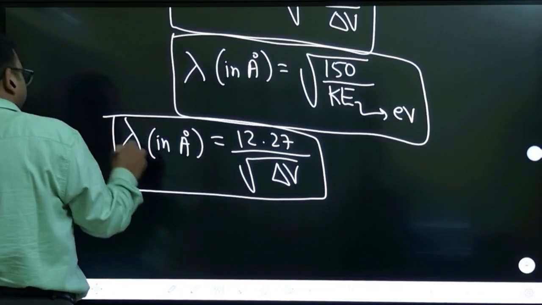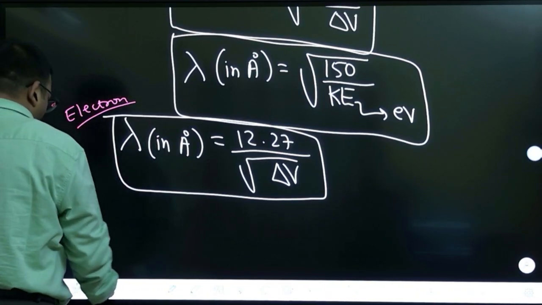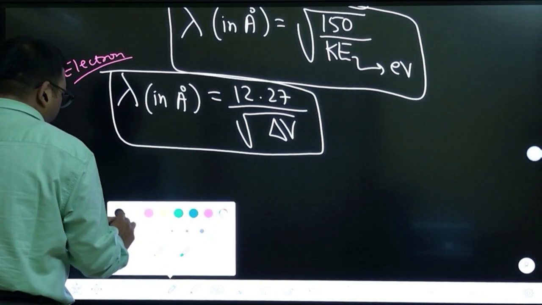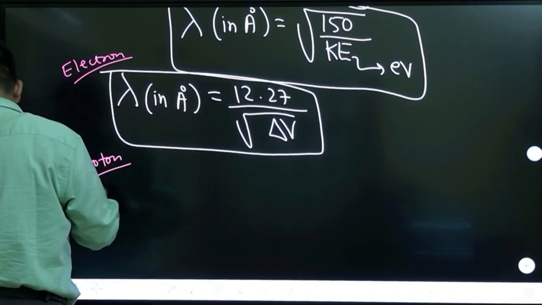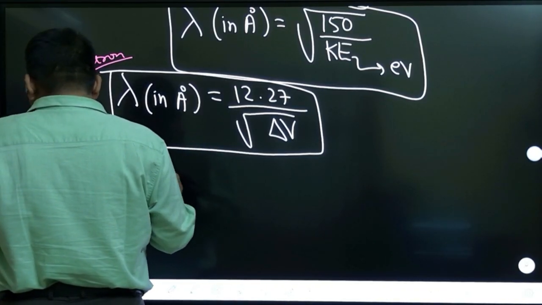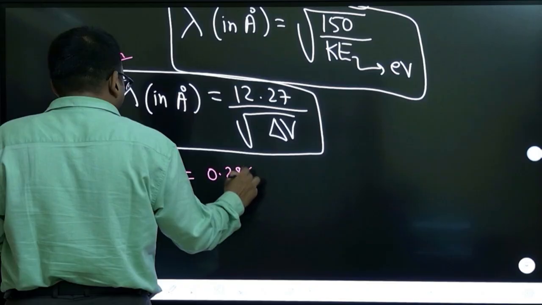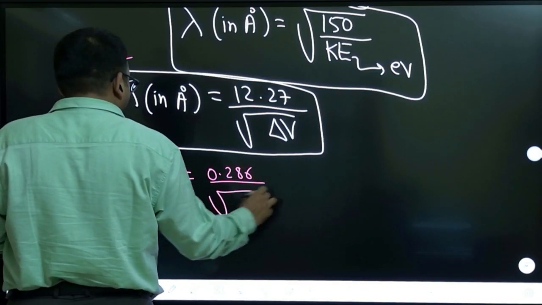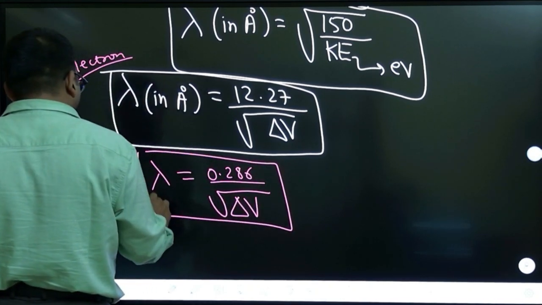What about proton? This is about electron I told, all this formula for electron I showed. What about proton? For proton also note, little bit changes will be happening. Because of mass of proton, lambda will become 0.286 by root of accelerating voltage, in volt, lambda in angstrom.